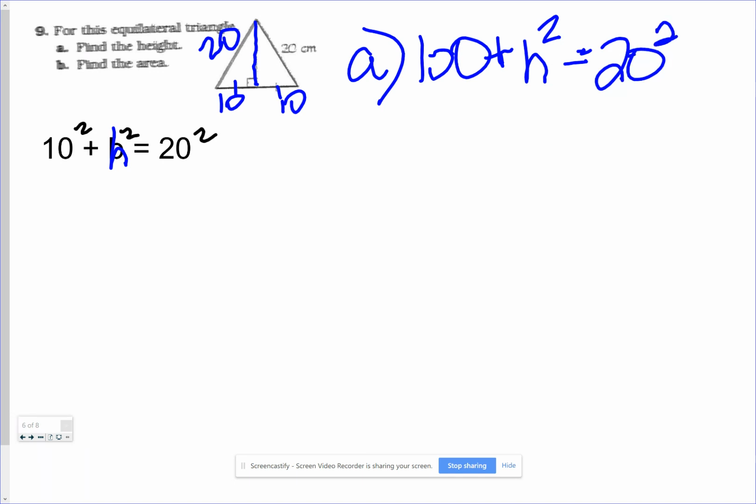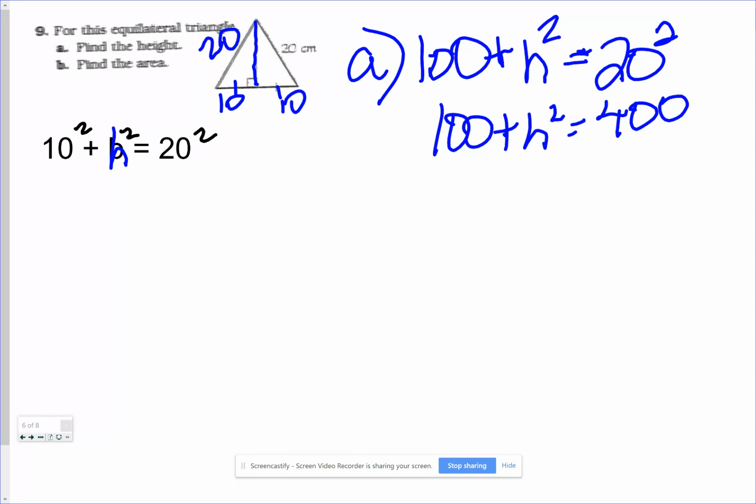All right, 20 squared is 400. So when I subtract 100, that's sitting over here, subtract that from each side, then I can isolate my height here.